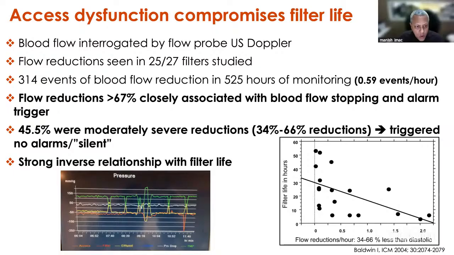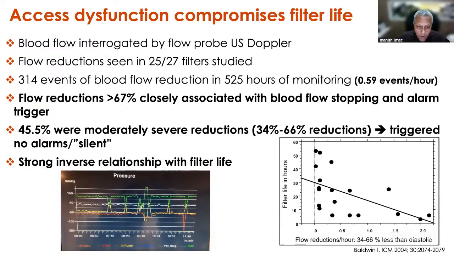And flow reductions of greater than 67%, that means whatever your prescribed flow rate was, a reduction of greater than 67% of that, were closely associated with blood flow stopping and alarm triggering. And 45.5% of these were moderately severe reductions, between 34 and 66%. Though they did not trigger any alarm, there was a strong inverse relationship between these flow reductions and filter life.